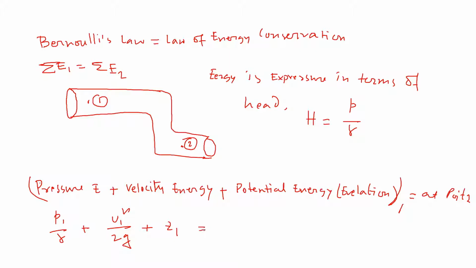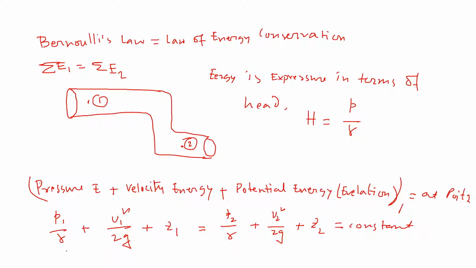That is equal to P2 by gamma plus V2 squared by 2g plus Z2, so that's constant, equal to constant, like that.